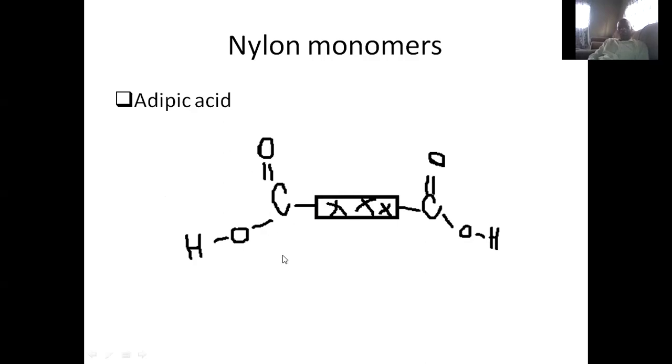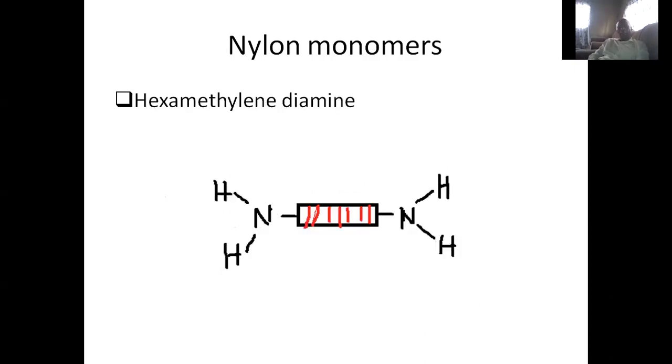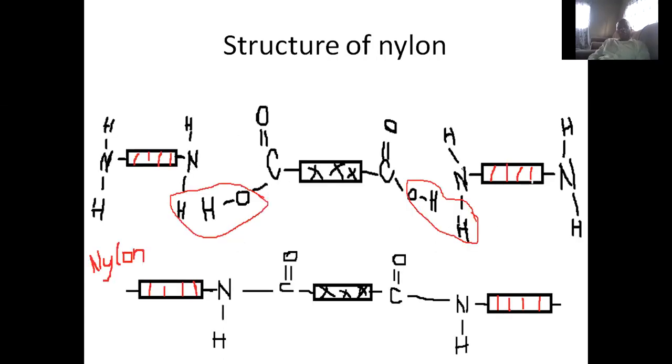And so this is the second monomer that will be joined to the amine, which we have talked about earlier on. And so this is the process of how nylon is formed and its structure. So we have this amine monomer, and we have this acid monomer, and they will be alternating like that.